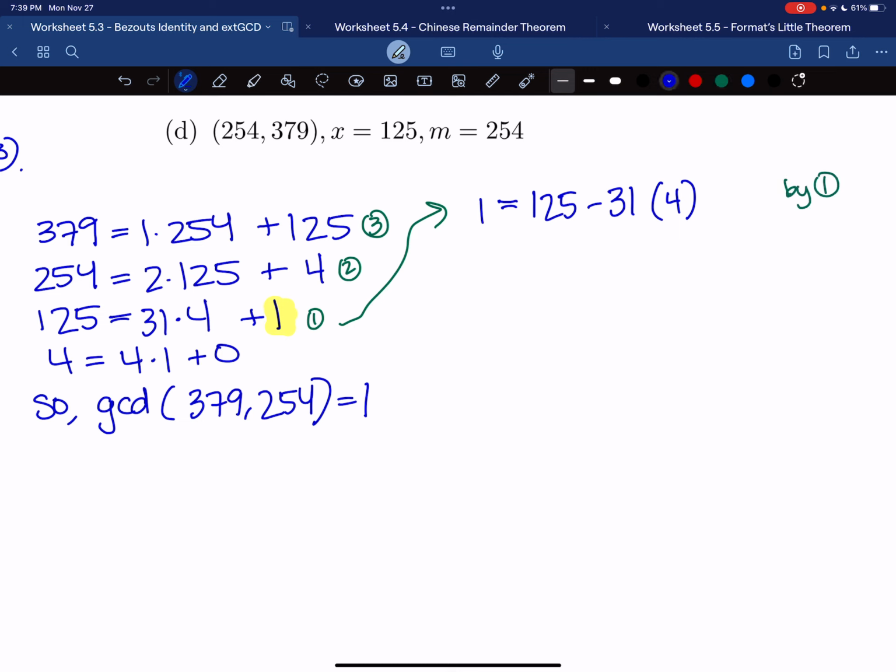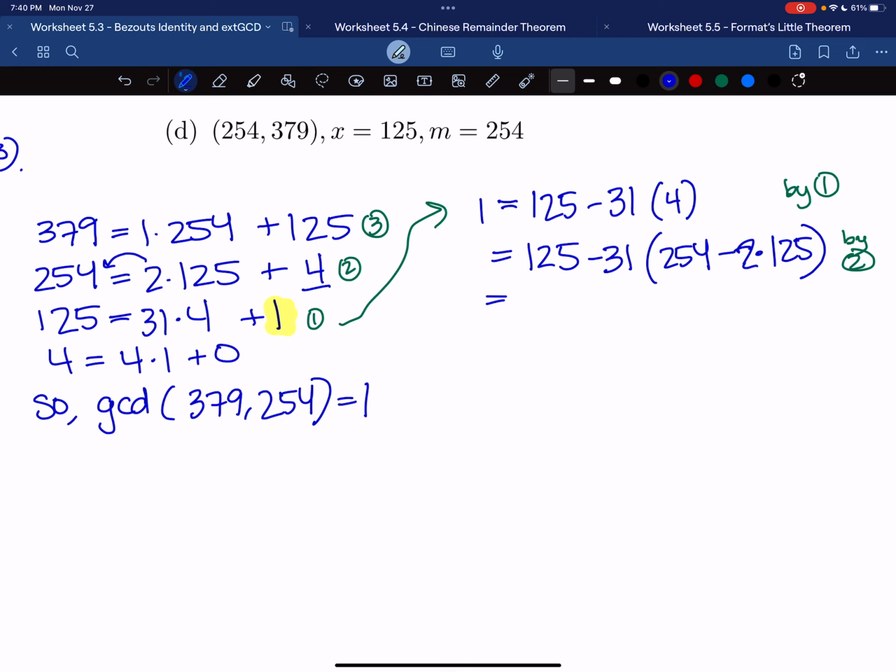And then I can say, but that is equal to 125 minus 31, and instead of 4, I'm going to replace that. I'll move this over as 254 minus 2 times 125. Okay, and that is by 2. Okay, and I'll clean that up.